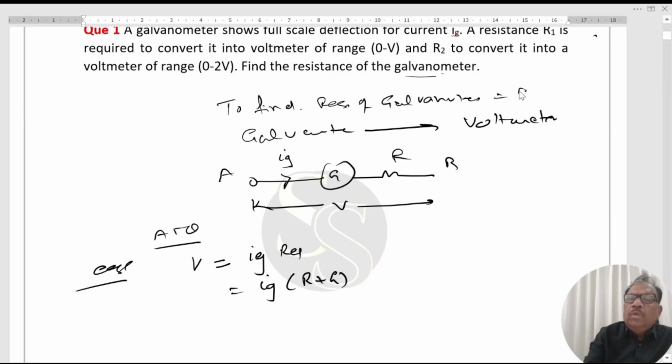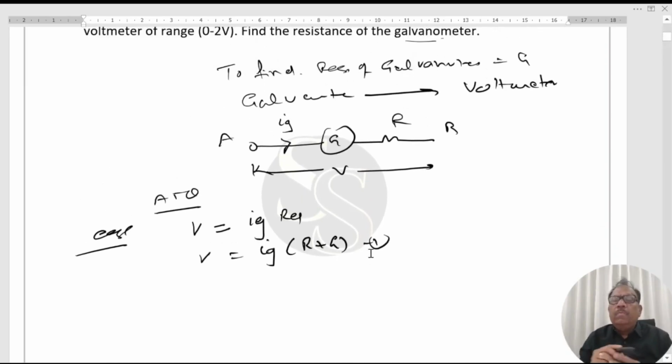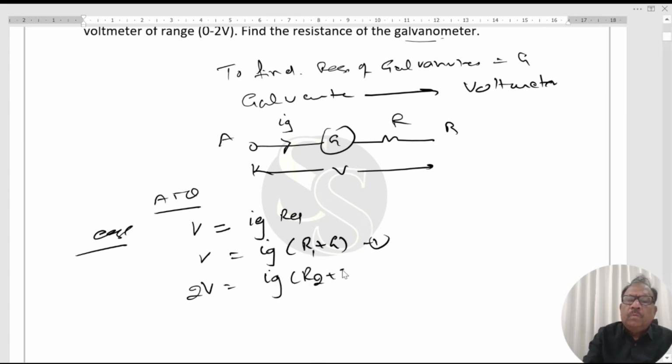So V equals IG into R1 plus G. This is equation 1. In the second case, the range is 2V. This will be now R2. So 2V equals IG into R2 plus G. This is equation 2.